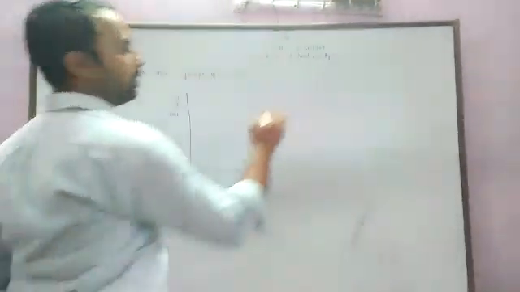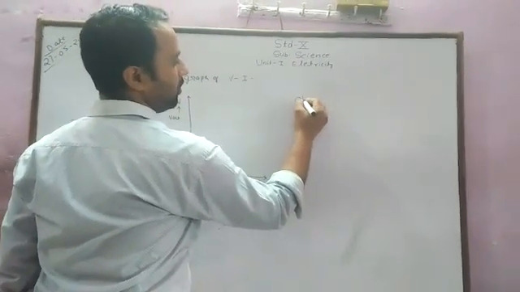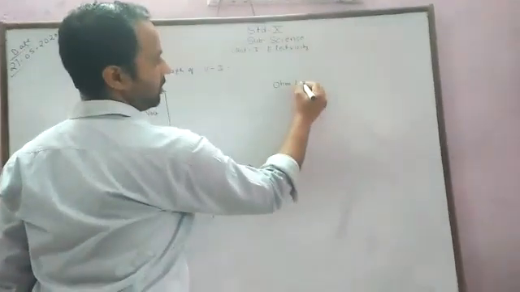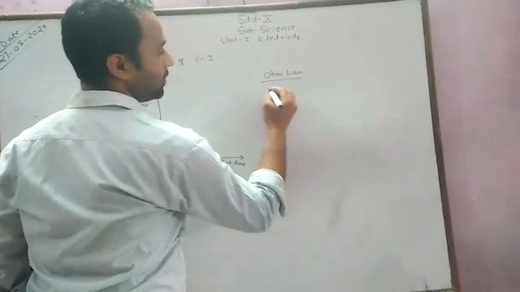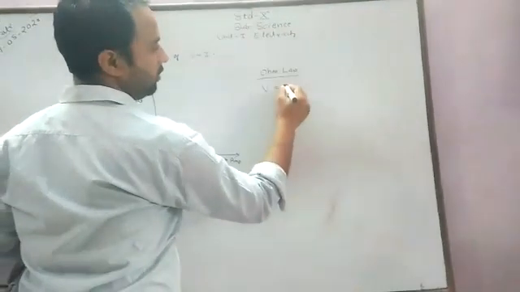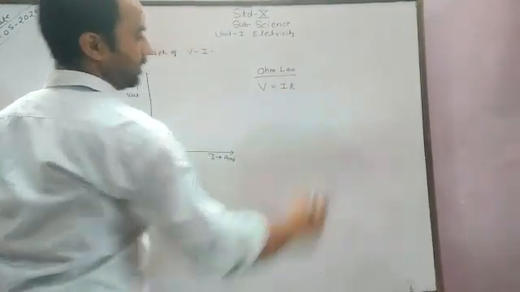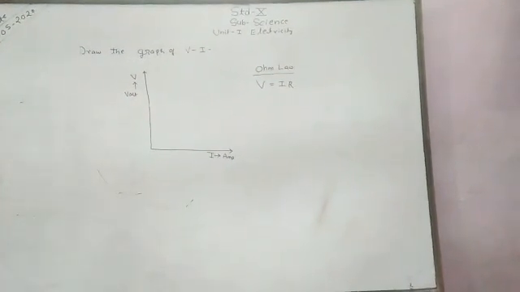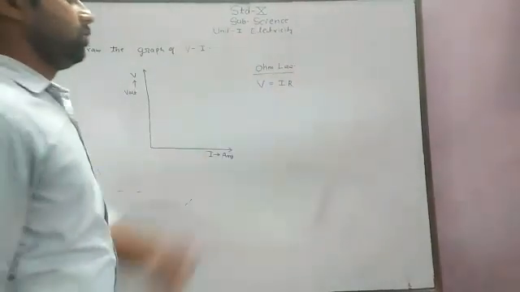Now we have to know Ohm's law. Ohm's law says that V is equal to I into R. So we have to draw the graph of V equal to IR.